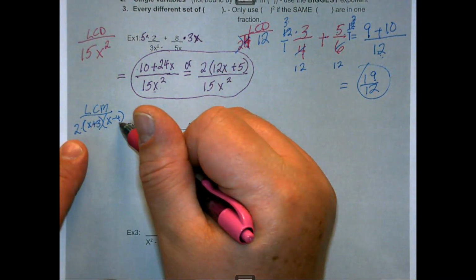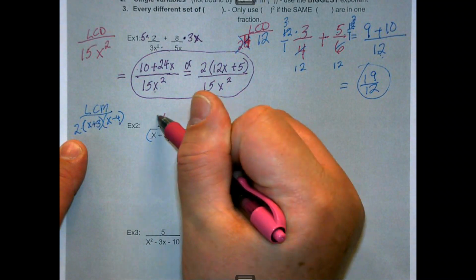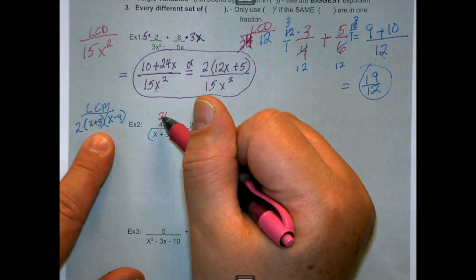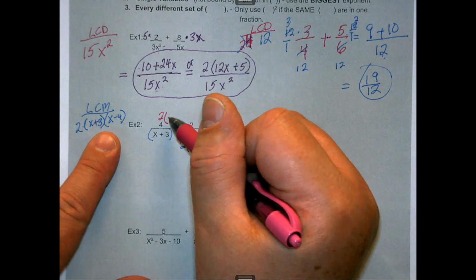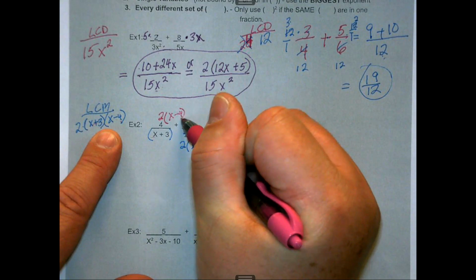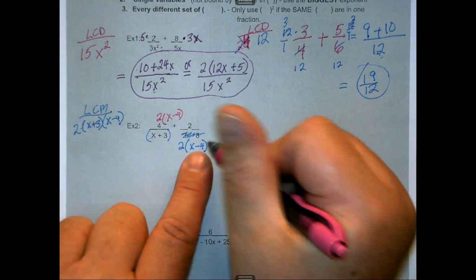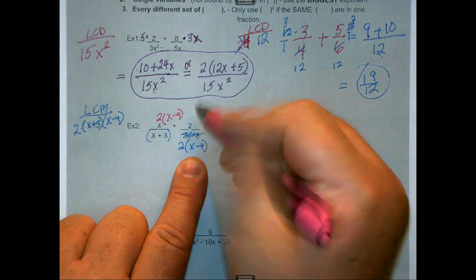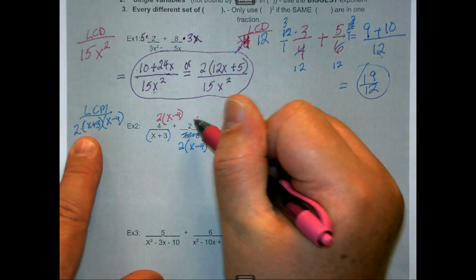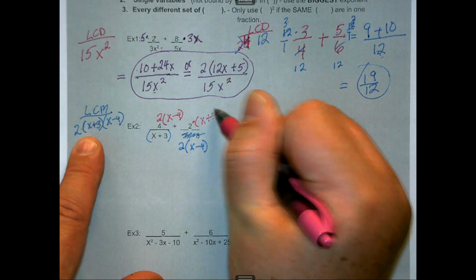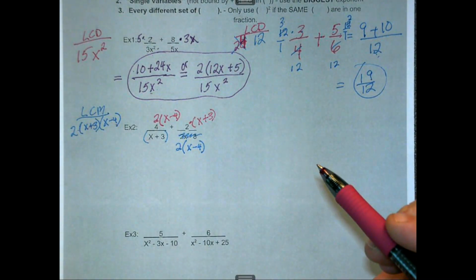So I'm going to need to multiply this by 2, 2. Hang on, I'm going to cancel in a minute. 2 times x minus 4. This fraction, let's see, I have the 2 and the x minus 4, so I'm going to have to multiply this by x minus 3. I'm sorry, x plus 3. What I don't have in the denominator.